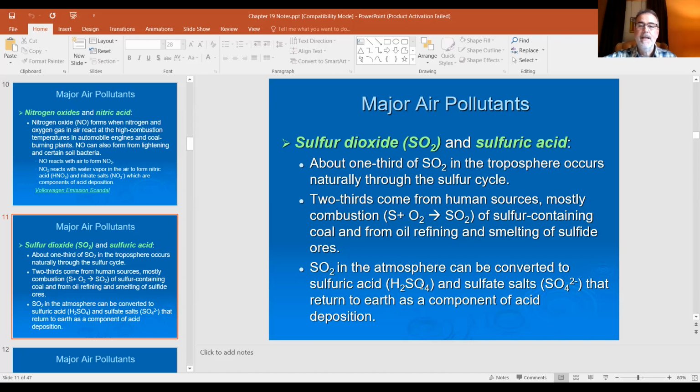So burning stuff is associated with acid deposition, acid rain, acidic snow. I don't care if it's burning coal or gasoline or whatever. Anytime you're burning stuff, you're going to put nitrogen oxides in the air, and you're also going to be releasing sulfur dioxide into the air if you're burning things that have sulfur in them.